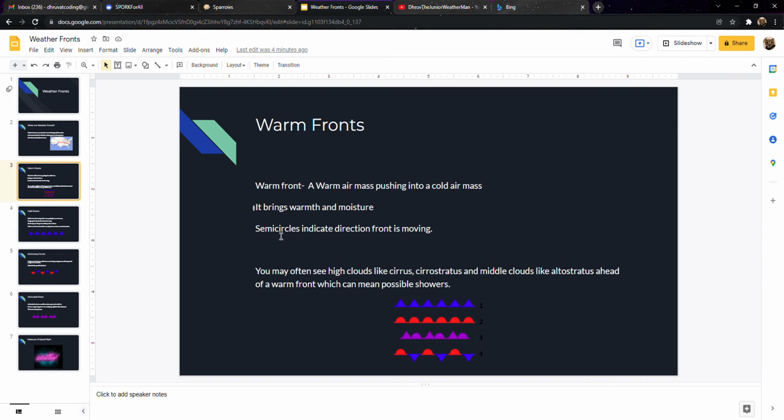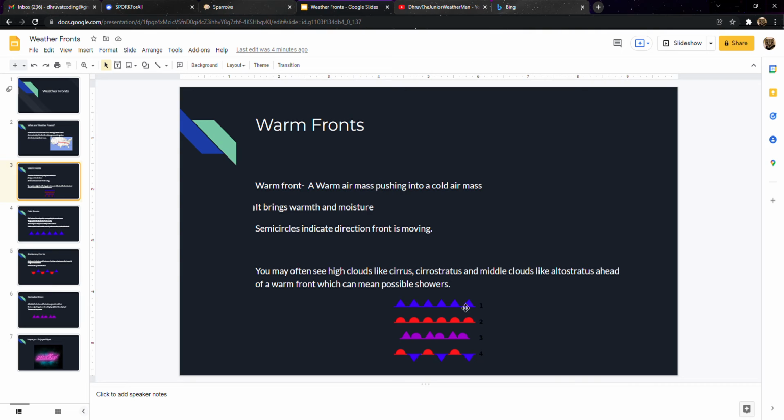You may often see high clouds like cirrus, cirrostratus, and middle clouds like altostratus ahead of a warm front, which can mean possible showers. As you can see, here are some pictures of the fronts.